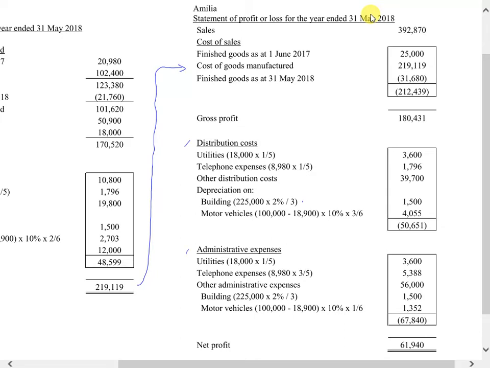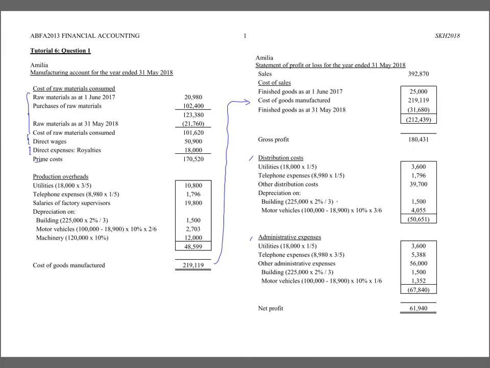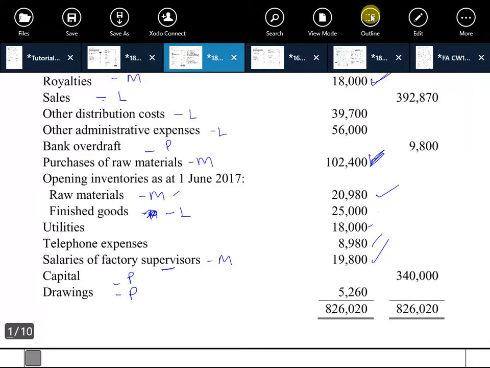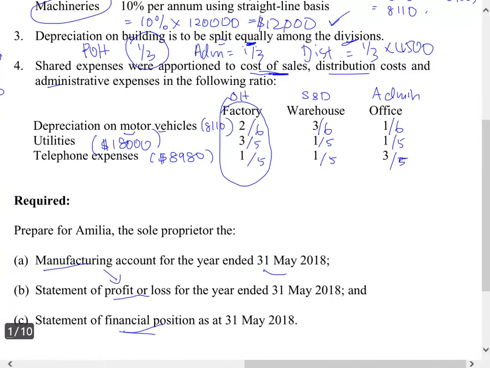You see, the marks, either you get everything or you do not get all. You see here, for example, your utilities. From our question, our utilities is 18,000. We share 3-5-1-5-1-5. If you wrote 3-0-4-1-0-4, if it's one wrong, all will be wrong.